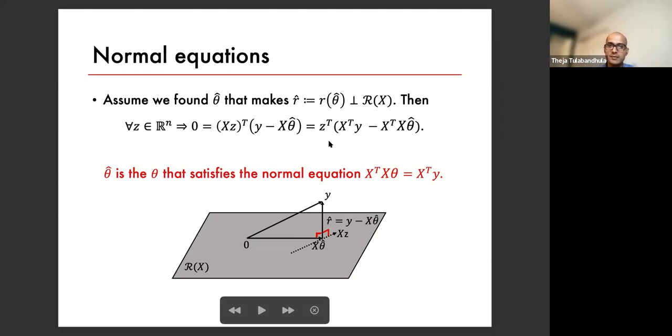If you have two vectors, one with some non-zero numbers, say z, and its inner product with another vector is 0, then that other vector should be element-wise 0. Otherwise, you cannot get a 0.